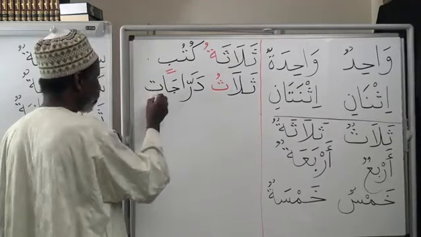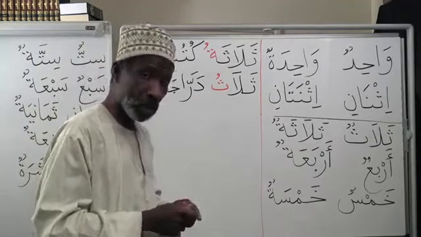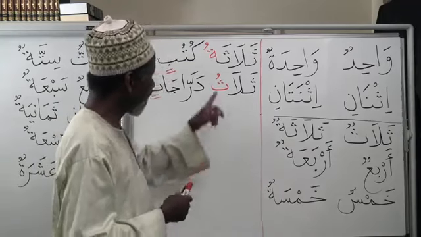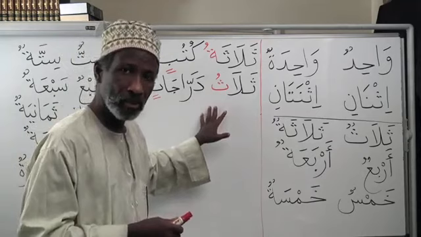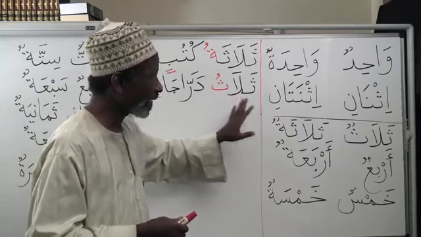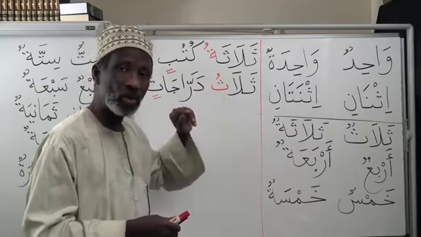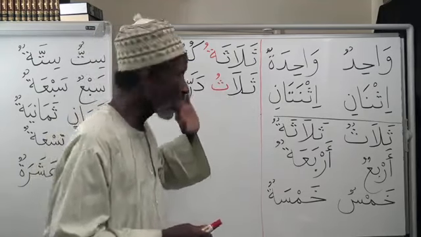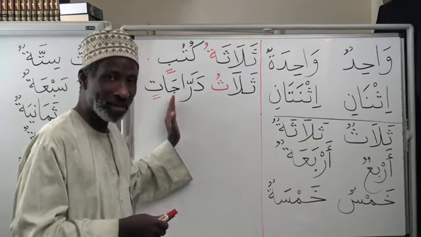And that's a plural, and that means bikes. Bicycles. Thalathu darrajatin. We start with the number and we use the masculine version and we put only a single dhamma, because we are counting feminine items.